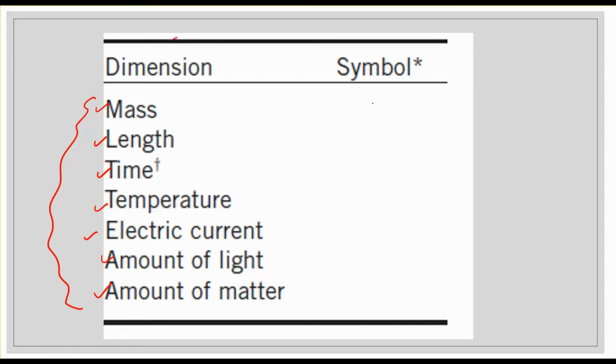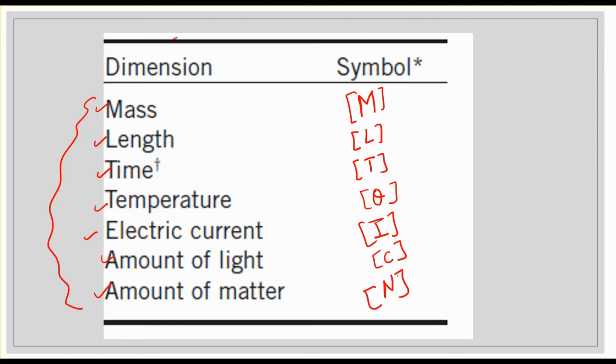For mass, I will use capital M in a big bracket to denote the dimension of mass, length with capital L, capital T for time, theta for temperature, electric current with I, amount of light with capital C, and amount of matter with capital N. So these are the symbols of the dimensions of these 7 primary dimensions, and every other physical quantity will be a combination of these, right?